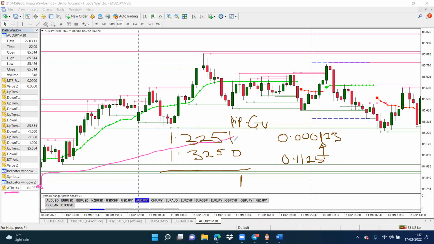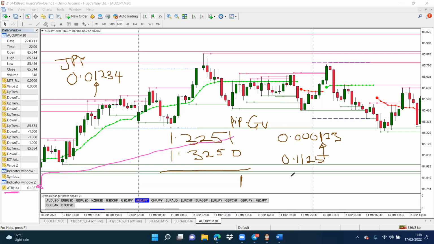This is for GBP. However, if you look at a JPY pair, right, the pip is 0.01234. Basically, this is your pip, right? That is your pip for JPY.